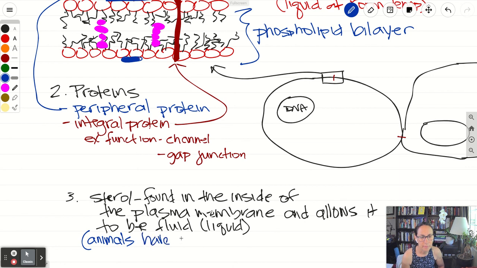That's a type of sterol that we have. If you eat too much cholesterol, it's bad for you. It could plug up your arteries, but you do have to have some, and it comes in handy in the plasma membranes because it keeps your plasma membranes nice and fluid.